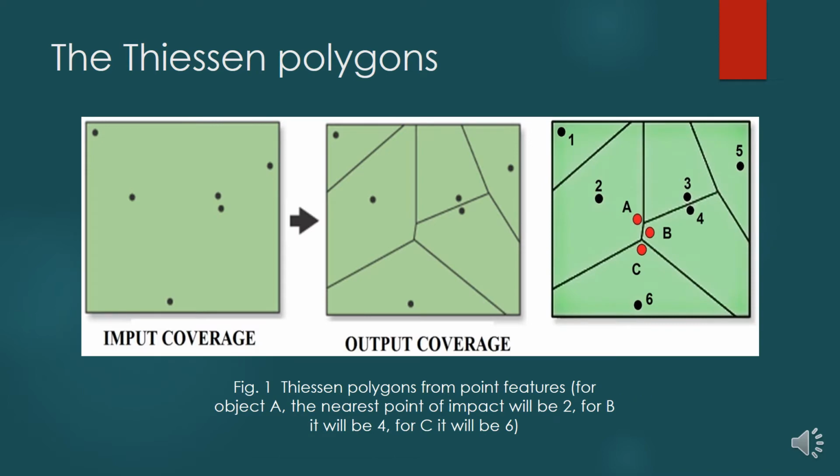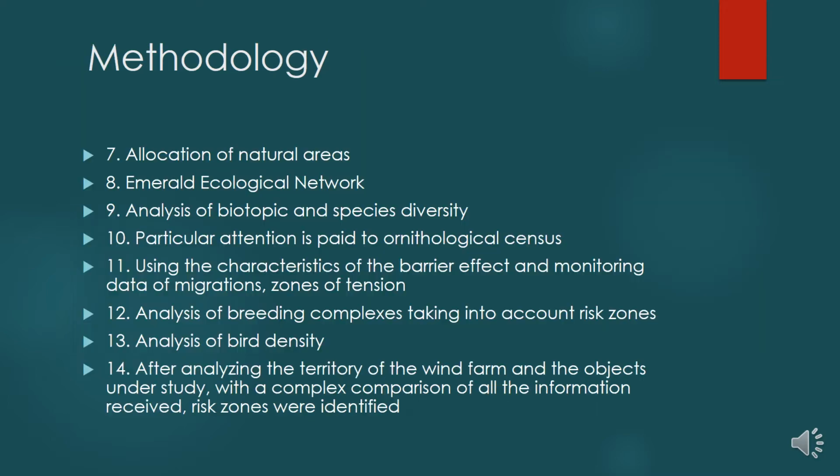Thiessen polygons have the unique property that each polygon contains only one input point, and any location within that polygon is closer to its associated point than to any other polygon points.